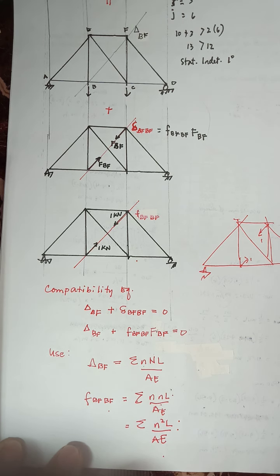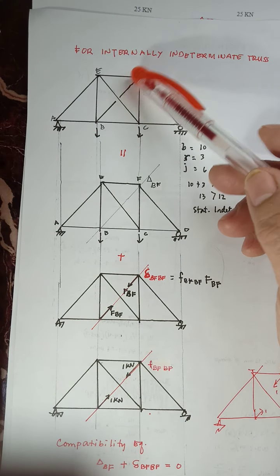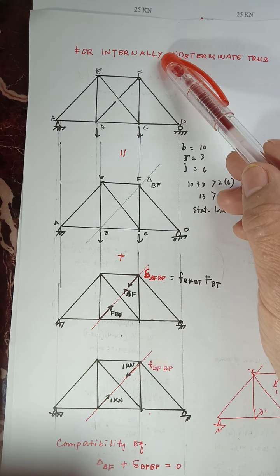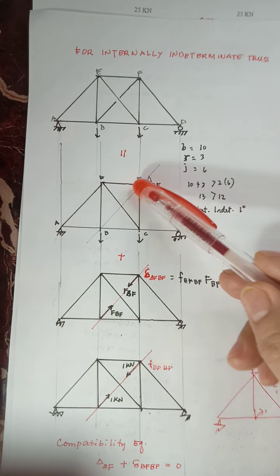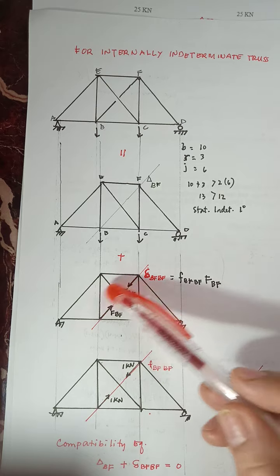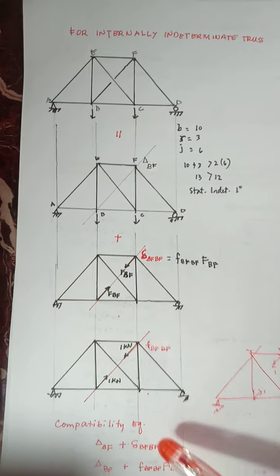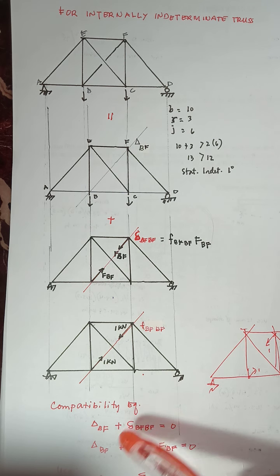Now, since the given truss has bracing there, there should have been no displacement. So when you add the displacement delta BF and the displacement from applying the bar force BF, we call that the compatibility equation.